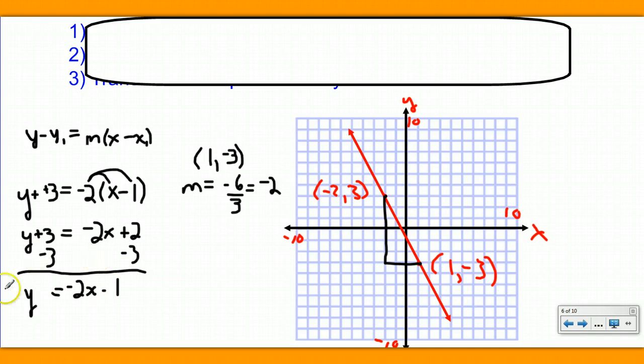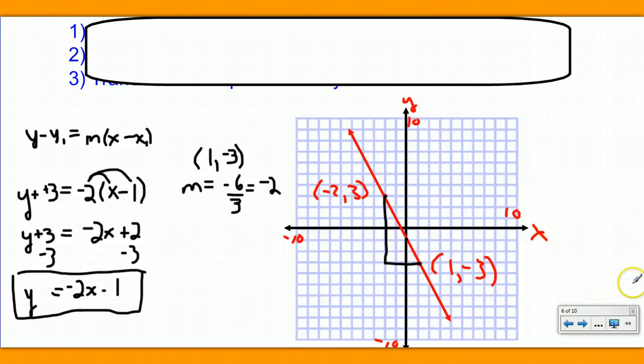And so there is the equation in slope-intercept form, our favorite form. Slope-intercept form tells us the slope is -2, down 2 over 1, which is true, right? And the y-intercept is at -1. And yes, that is where the y-intercept is. This line crosses the y-axis at -1.